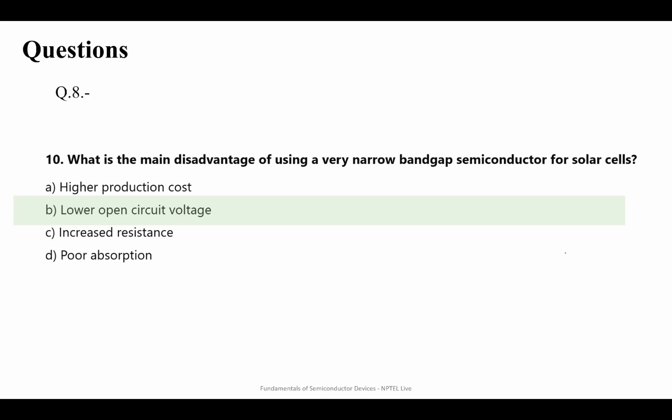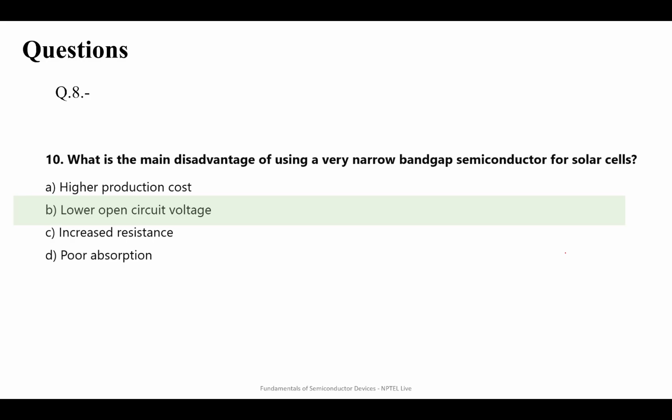Sir, there are four important parameters: VOC, JSC, fill factor, and efficiency. Open circuit voltage means, when there is a relation between the V and I graph, when current is zero, the maximum voltage that can be applied by the circuit is called open circuit voltage, I think.